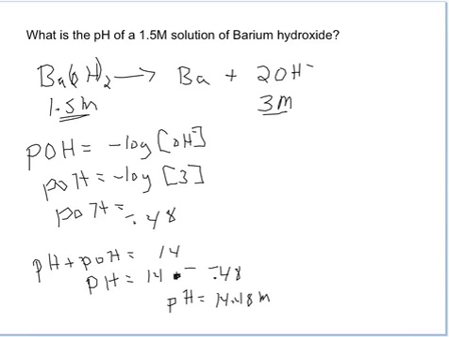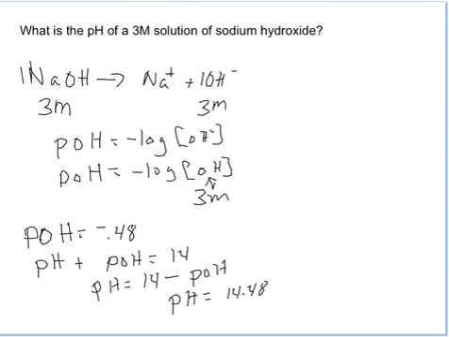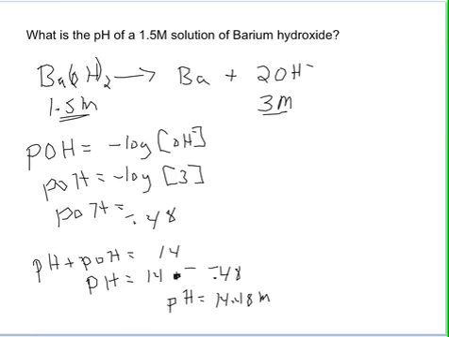If you look back at the other one, we didn't have to do that, because for every 1 hydroxide here, we got 1 hydroxide there. So if this was 3 molar, this is 3 molar. But when you have a hydroxide that isn't in a 1-to-1 ratio, you have to make sure you take that into account.